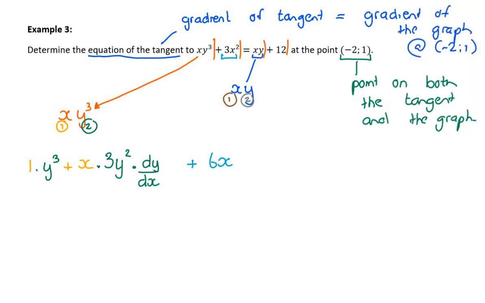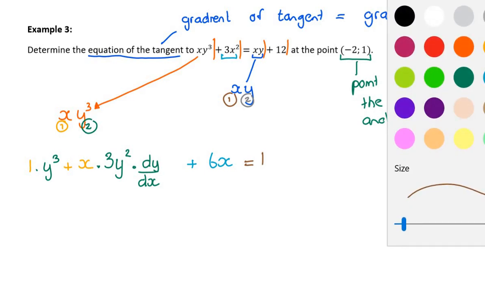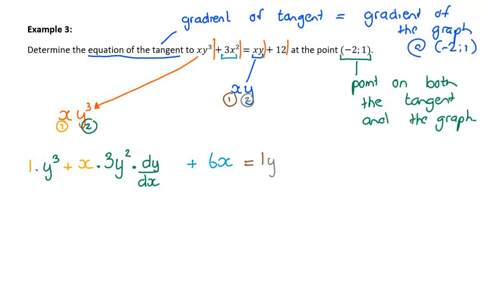So product rule: differentiate the first function, which is 1, leave the second function alone, which is y, plus leave the first function alone and differentiate the second function, which is just the derivative of y. It's not a chain rule, it's just the derivative of y, which I don't actually know, so I'm going to say dy/dx. Then it says plus 12, so the derivative of 12 is 0. That's that one over there.